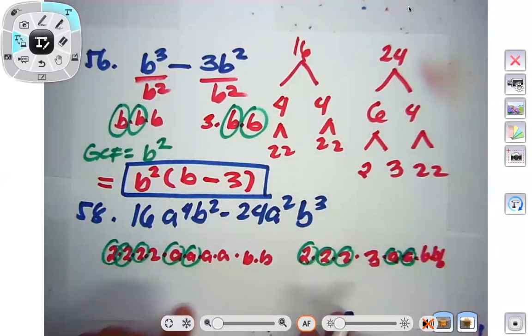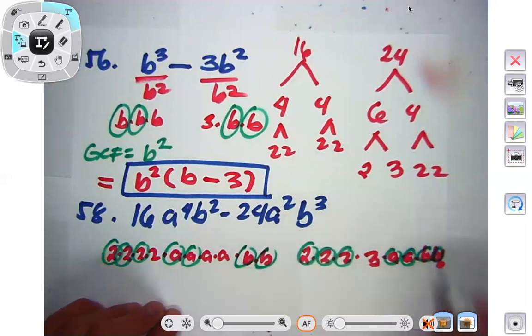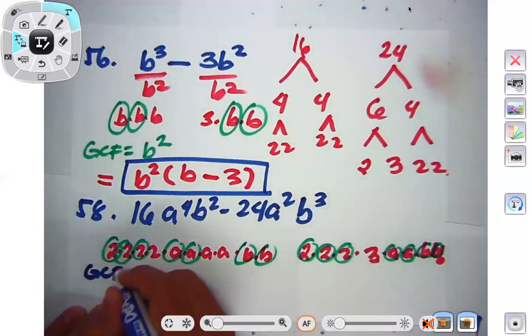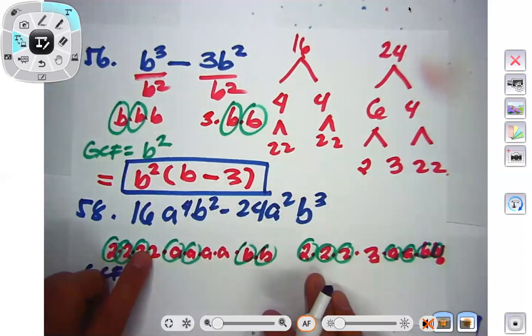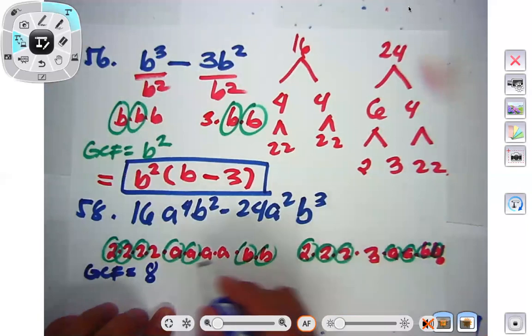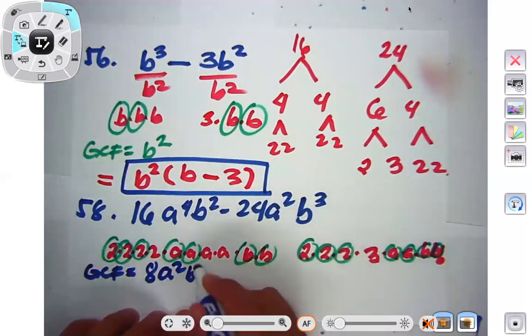How many b's common? 2. Now let's write your GCF here. So what's your GCF? 2 times 2 times 2, 8. 8 times a times a, b times b.